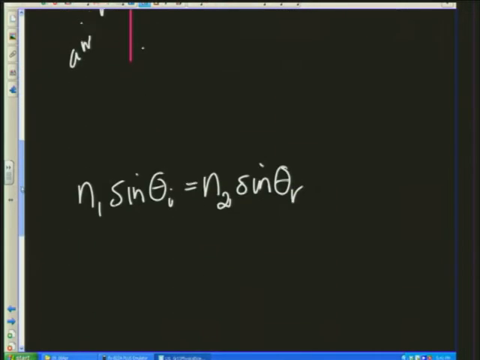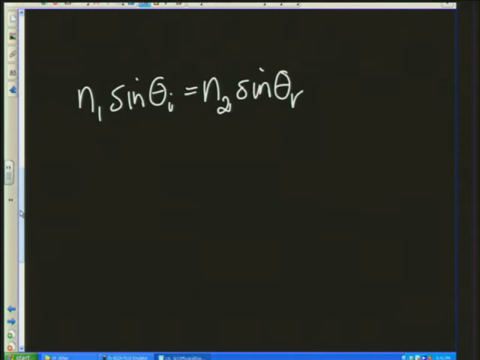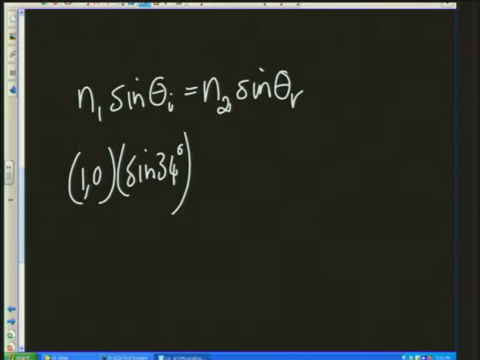So I'm going to use Snell's law. I'm going to say N1 is 1. I'm going to substitute it in, 1,0, times the sine of, what was the angle? 34 degrees. That's the angle of incidence. Is equal to N2, 1,49. Let me just make sure that's correct.